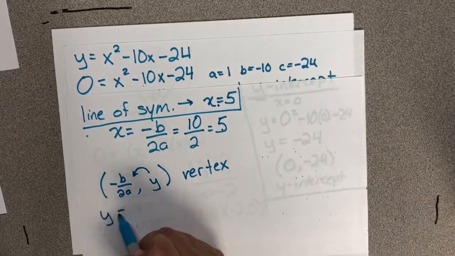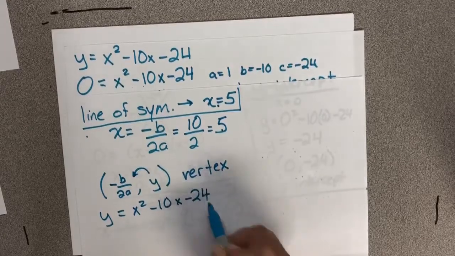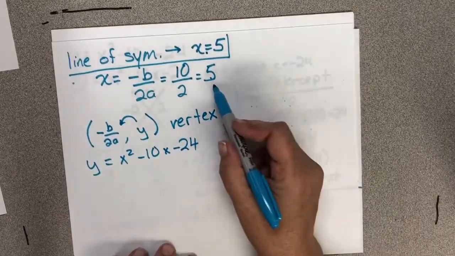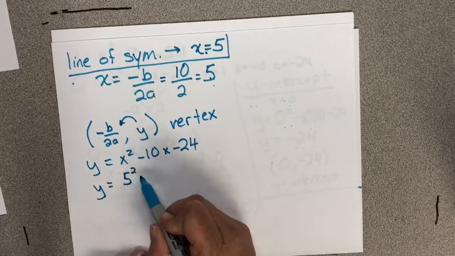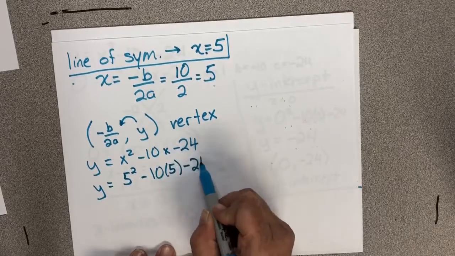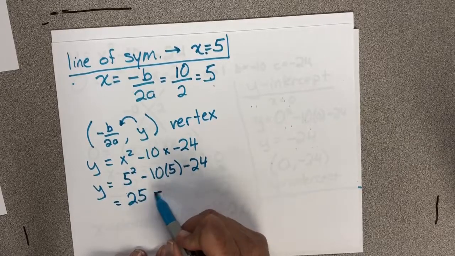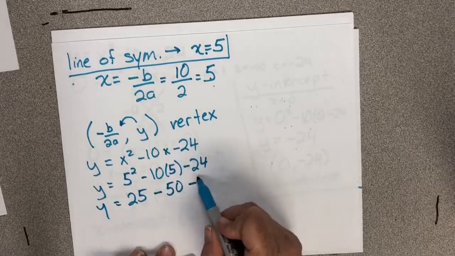So our equation, x squared minus 10x minus 24, we want to see what happens when x is 5. What y will we get? It will be 5 squared minus 10 times 5 minus 24. 25 minus 50 minus 24.